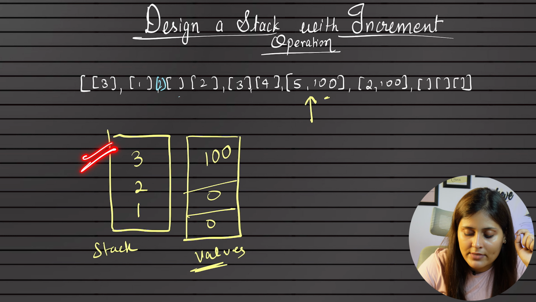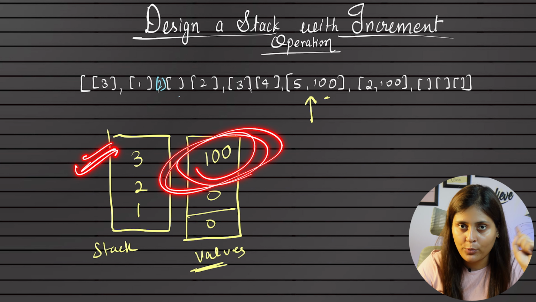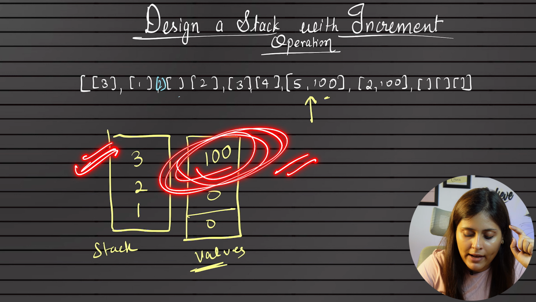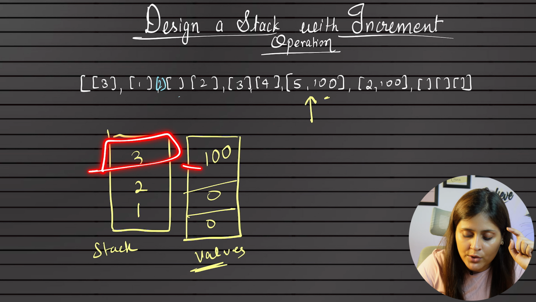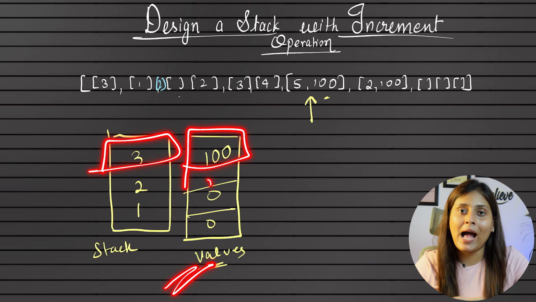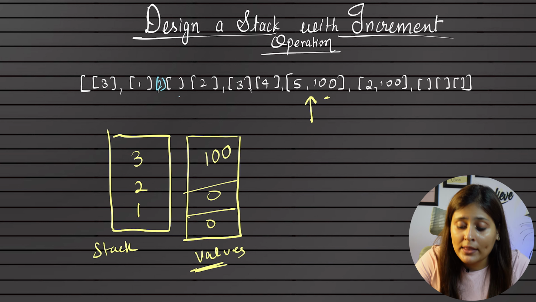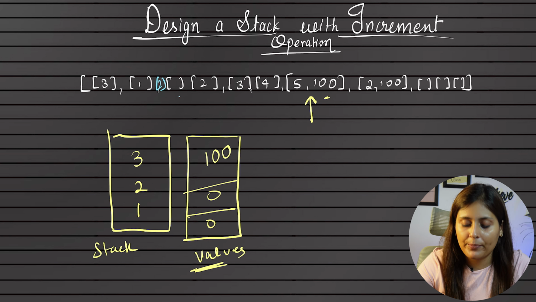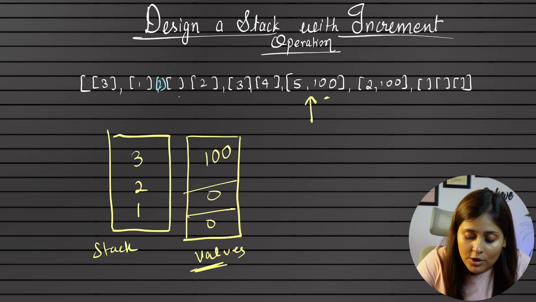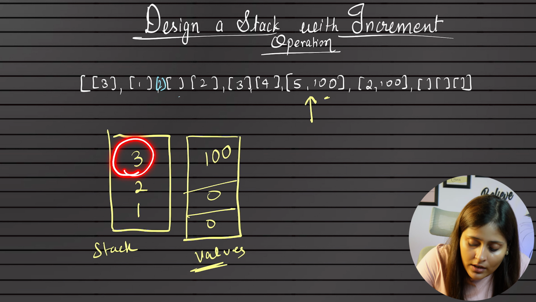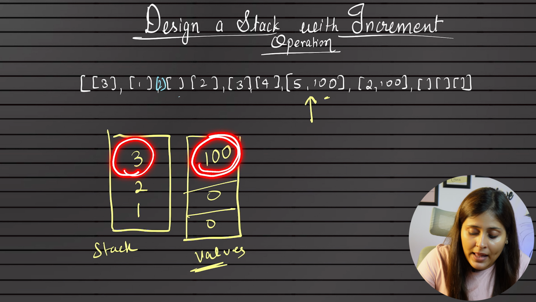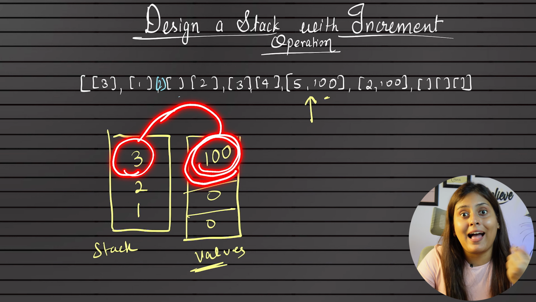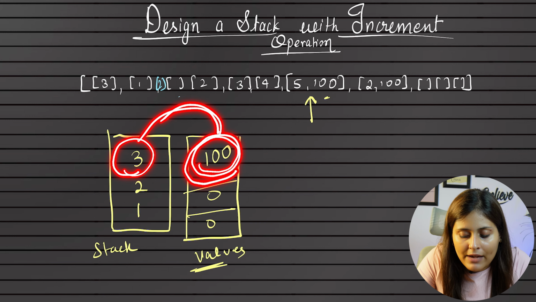The index will point to the top value. So in this values array, you will go and add this 100. Now, when a function comes, for example pop, instead of returning just the stack value, I will read this and this, add both of these values, and return the result.